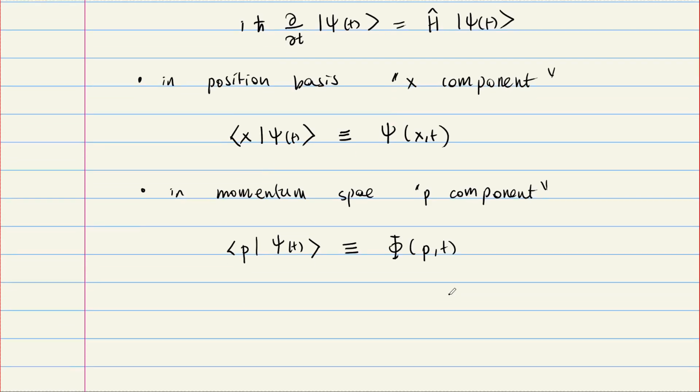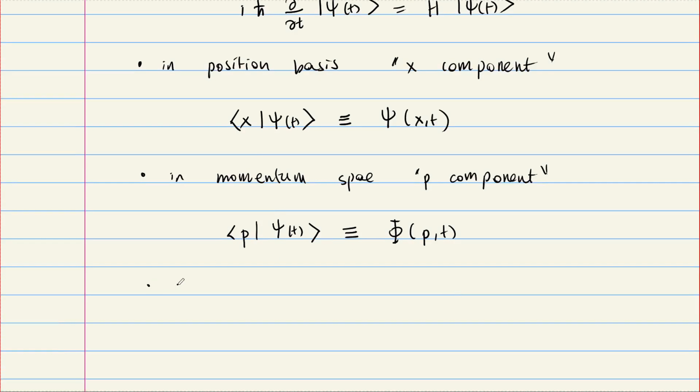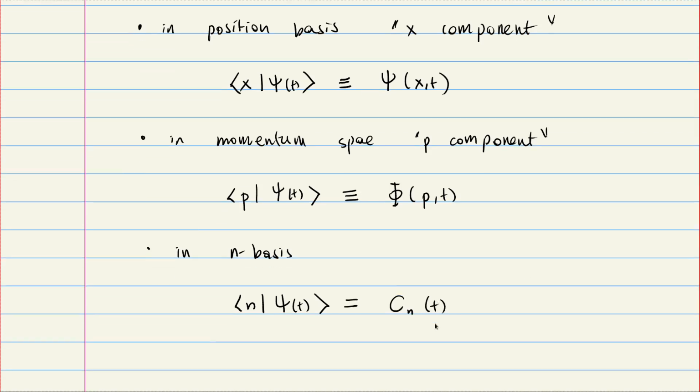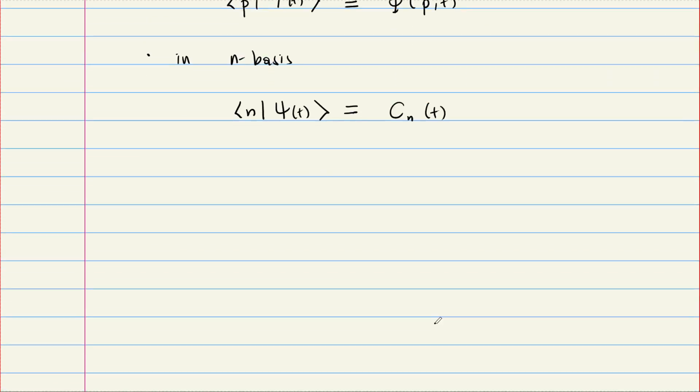We could also do things in the energy basis. Suppose I want to look at it in some n basis. n can be energy or some other basis that is given to us by our problem. Then we just take bra n with psi of t, and this is what we call the expansion coefficient, right? Good, so this is what we are working with.